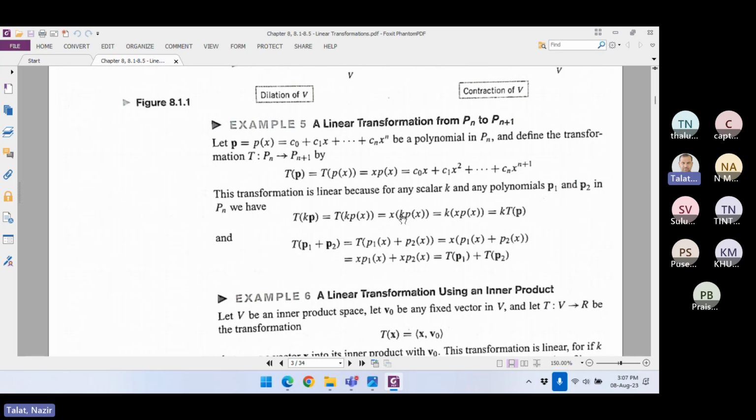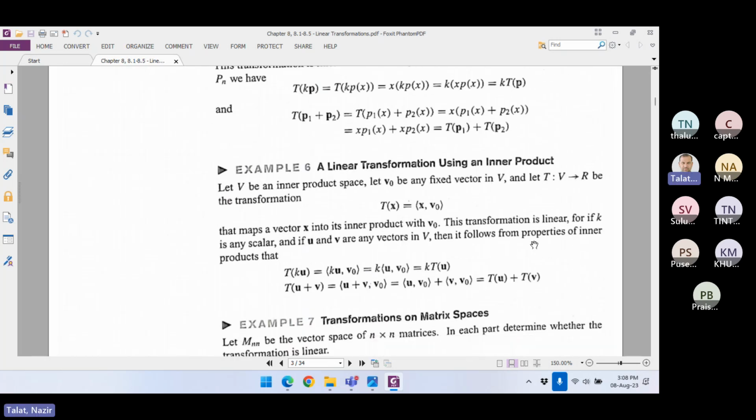One can take k as a common factor from the outside, and it also satisfies the addition property, T of P1 plus P2 is equal to TP1 plus TP2. The proof is in simple steps over here.